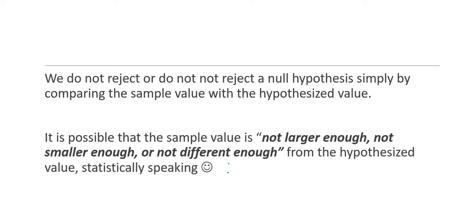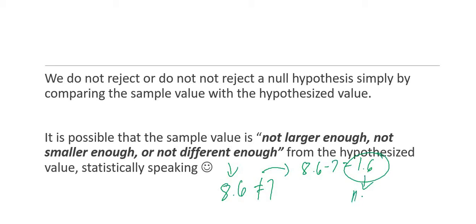So this would mean that even though our example a while ago of 8.6 is not equal to 7, if we get its difference, that's 8.6 minus 7, we'll have 1.6. This 1.6 might not be large enough for us to say that they're different.